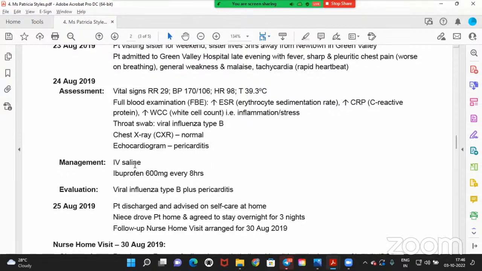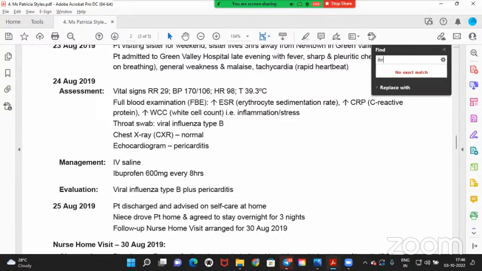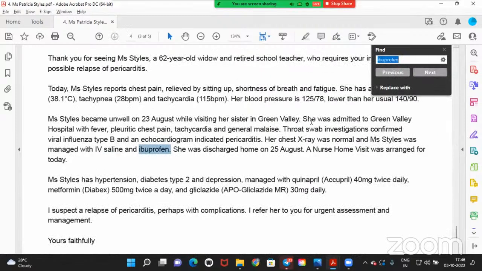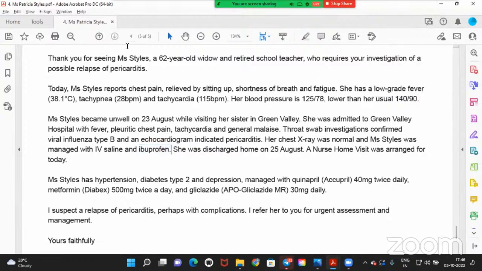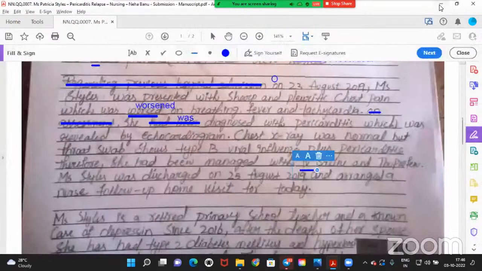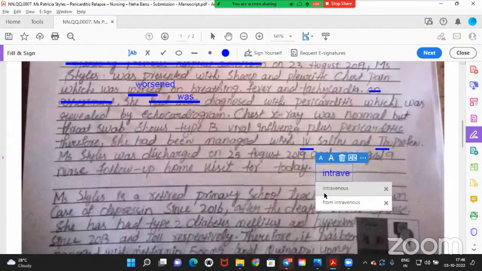IV saline and ibuprofen. Ibuprofen should be a small letter. So this is also small letter. Intravenous you can write. Intravenous saline and ibuprofen.